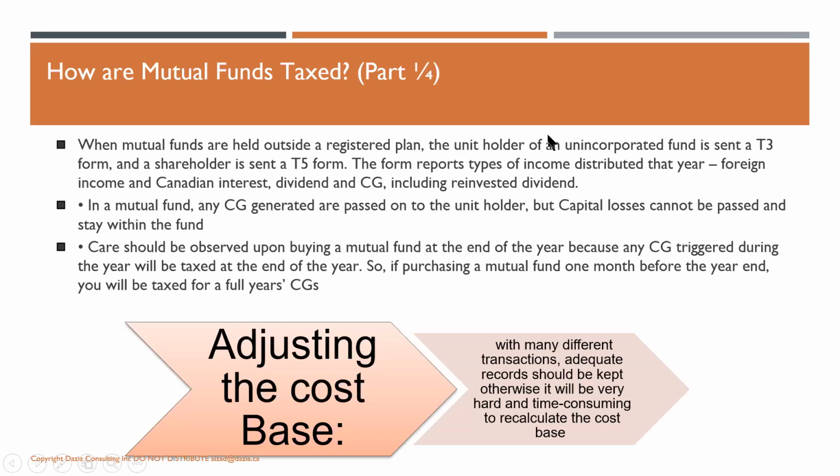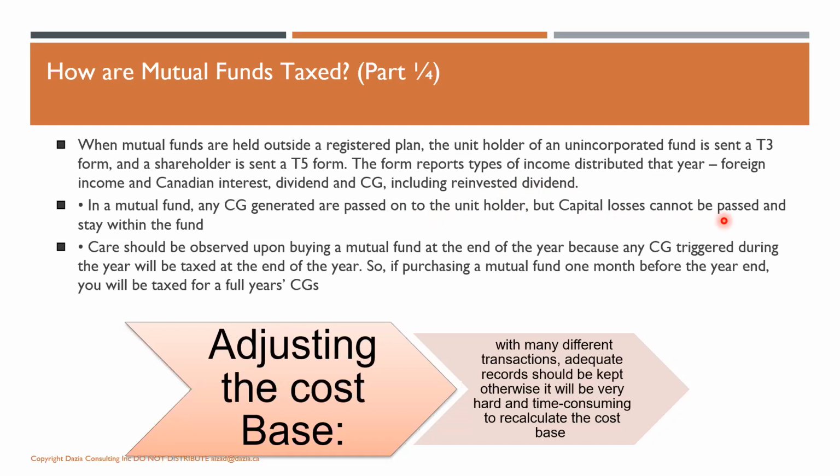This is only for mutual funds held outside of a registered plan. Any income you get is passed on to the unit holder, but capital losses are not passed on. So if the fund gets a capital loss, you don't pay any taxes on that.